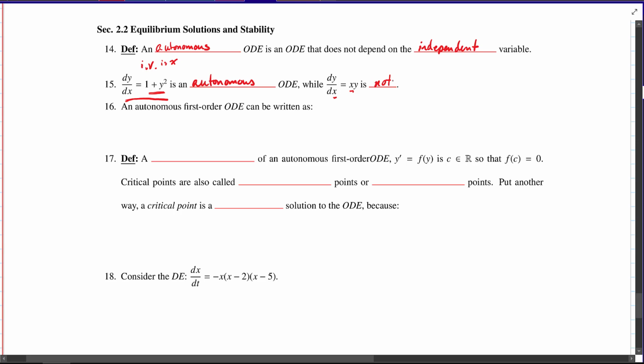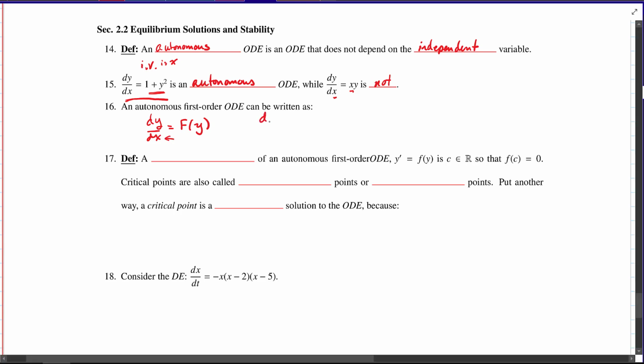Another way to say that is that an autonomous ODE could be written as, let's say, dy/dx is equal to just some function of y. So notice that f, whatever f is, some combination of operations, depends only on the dependent variable y and not upon the independent variable x.